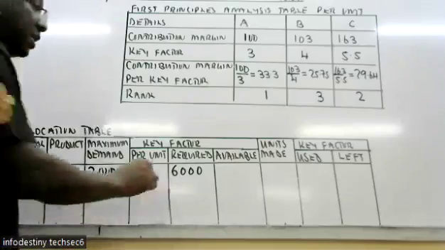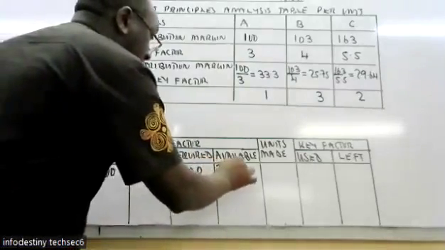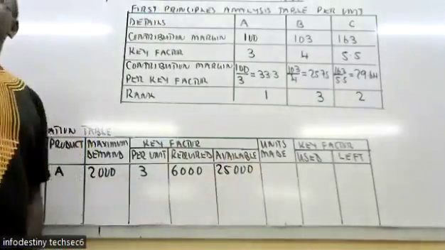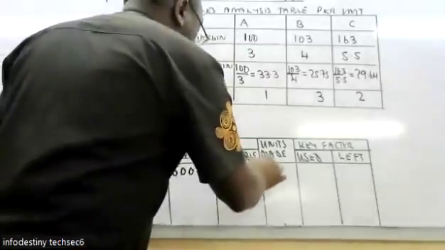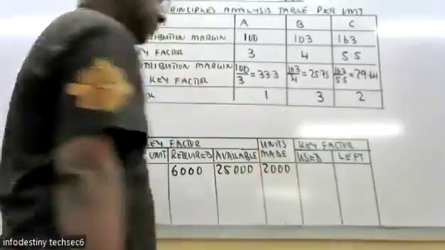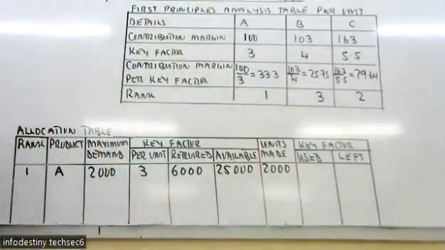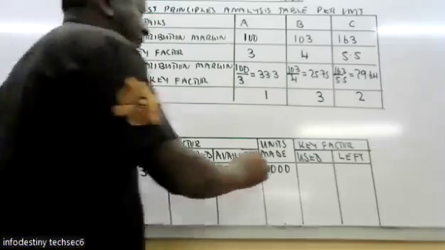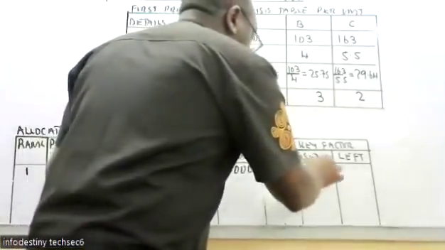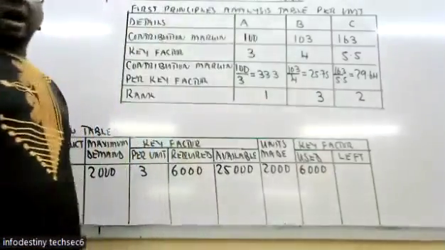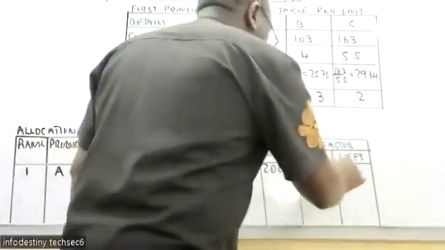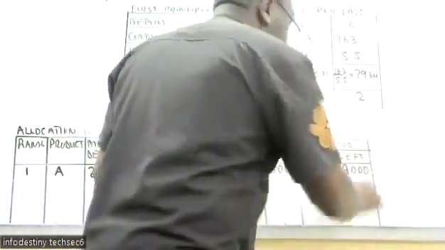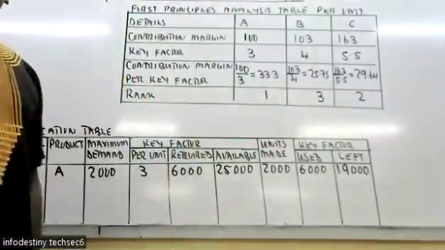Now tuko na how many hours? 25,000. So can we afford? So if we can afford, we will make all the 2,000 units that we need. After using the 6,000, we will now be left with 19,000 hours.